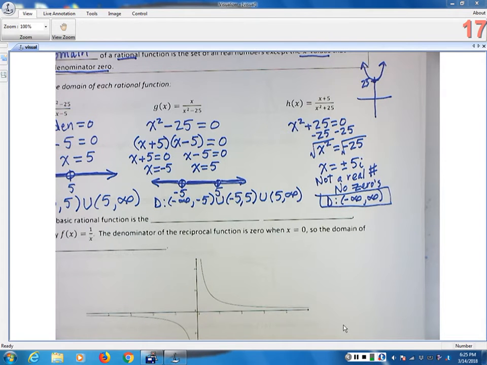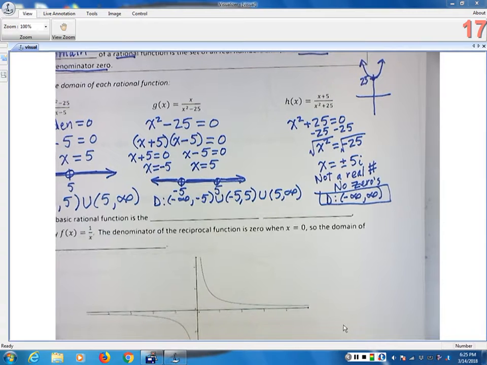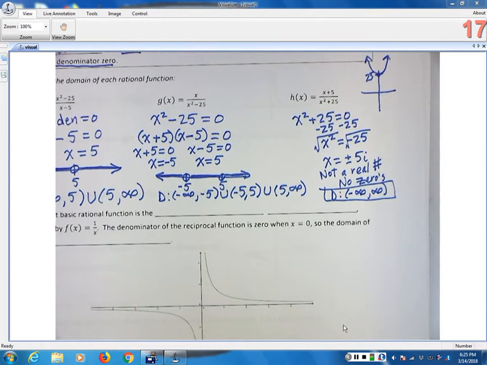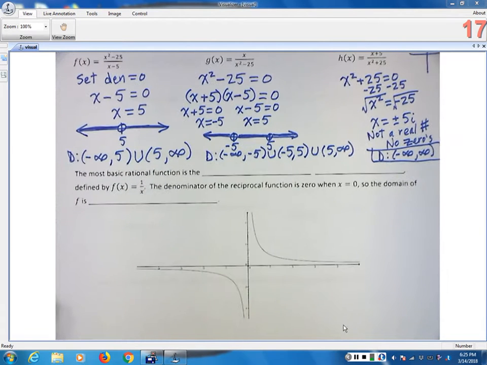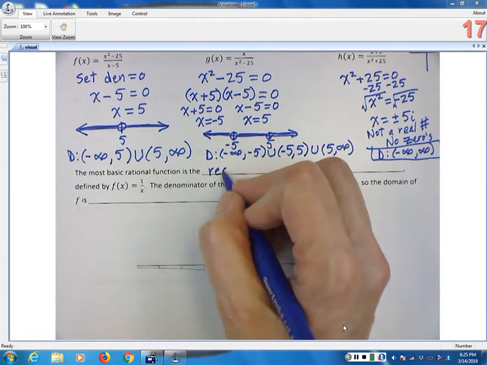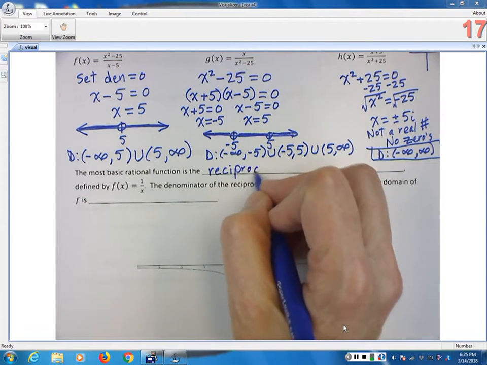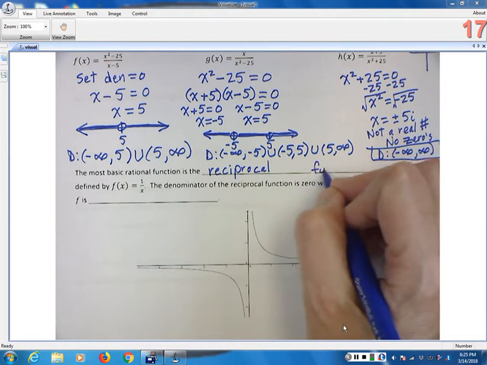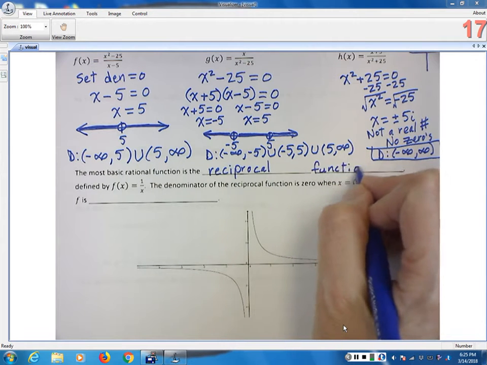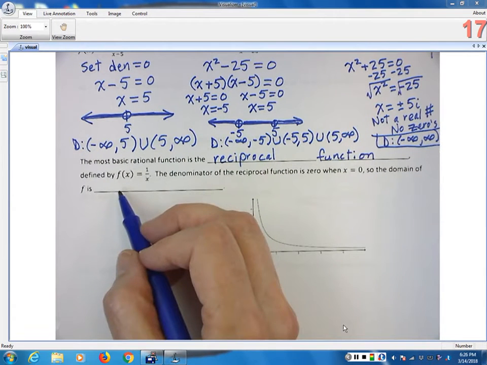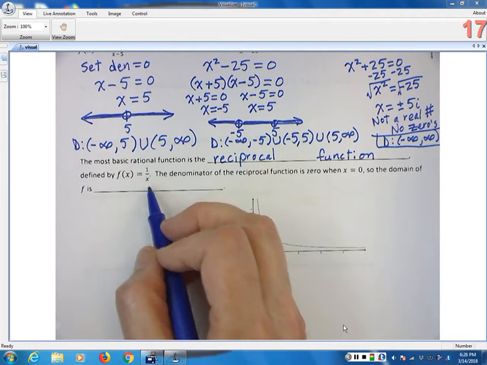Okay? All right, now we're going to talk about the most basic rational function. It's the reciprocal function, and it's defined by f of x equals 1 over x.